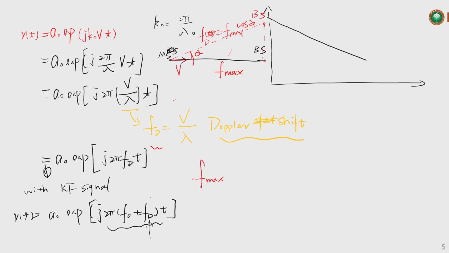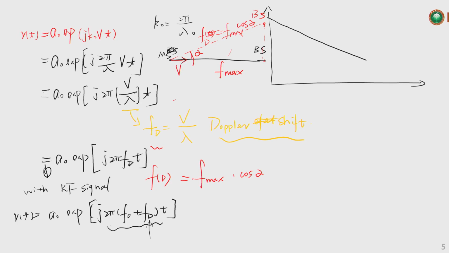So the times cosine alpha. So this is the FD. If the mobile user and the base station are not in a line, like this one, this definitely commonly happens, right?